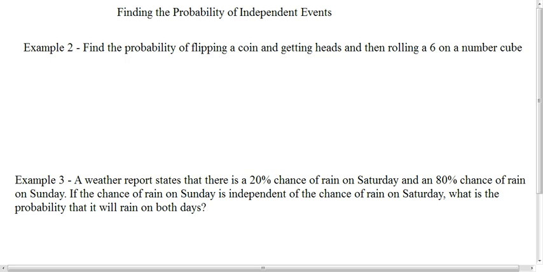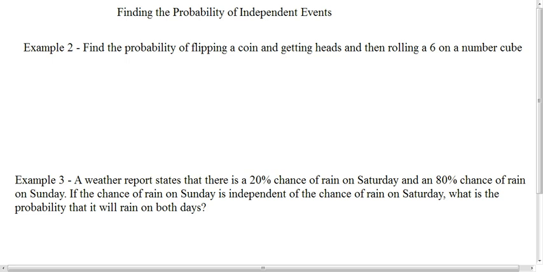As promised, we want to take a look at, or you take a look at, finding the probability of independent events. So what I've done is I put up example 2 and 3 for you, and what I would like for you to do is actually read the problems, write the problems down. Go ahead and stop the video at this point.